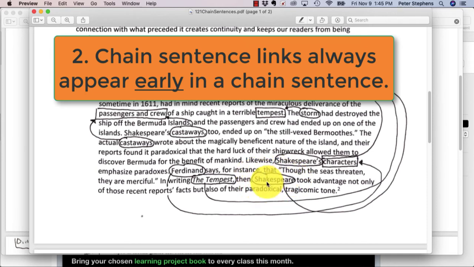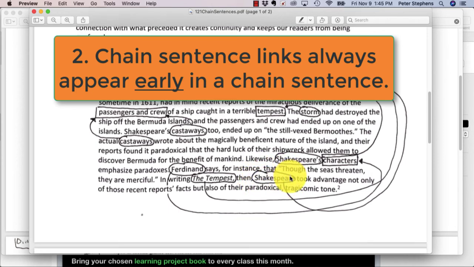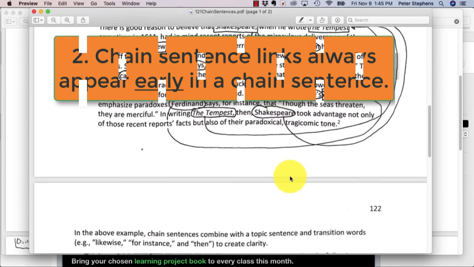Yes, there may be some reference to something earlier that occurs late in a sentence, but that does not make it a chain sentence, because by that time you confuse the reader. If you've waited that long to reference something earlier in the paragraph, you've confused the reader. So it's fine that it's there, but it's just not helping the reader out much. So remember to look for things early in the sentence. Those are what you're going to circle in each case. Something in the subject, not in the predicate of the sentence.